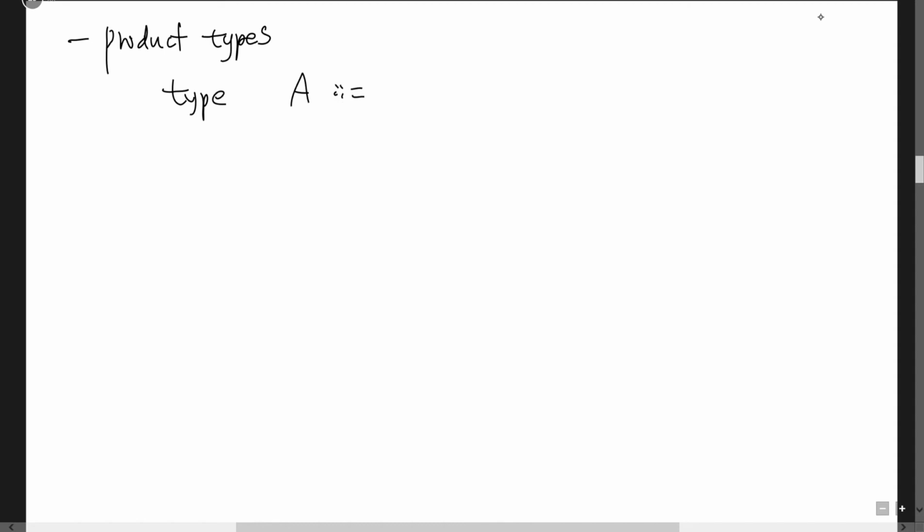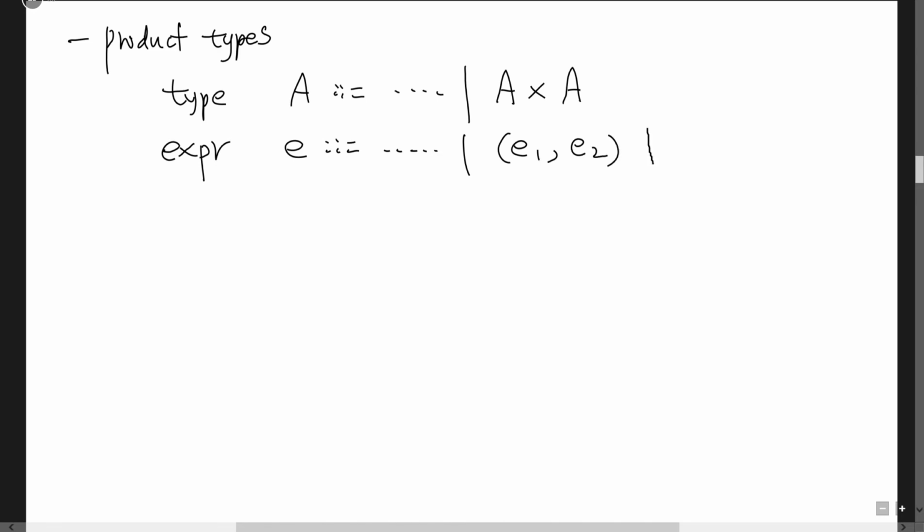So we carry everything from the previous definition of simply typed lambda calculus, and we add a new component, A times A. And expressions now include everything developed so far, and also pair and two forms of projection, first E and second E. So that's the syntax.